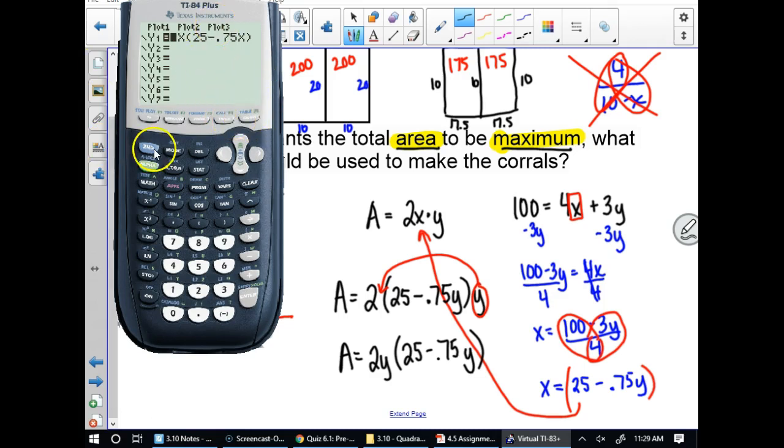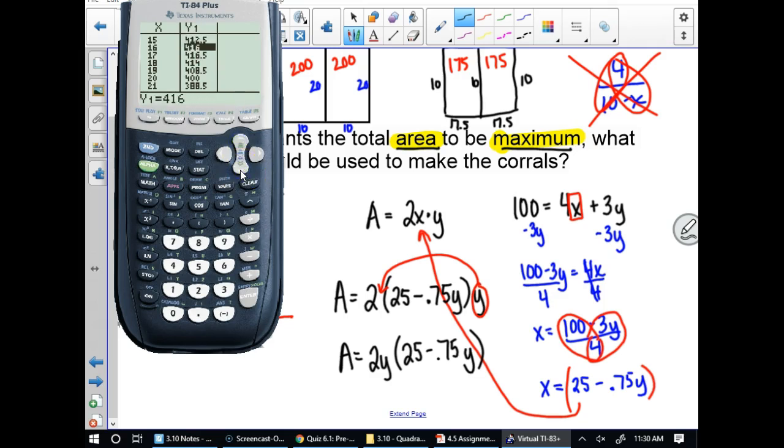Alright, so let's go to the table. That'll help us find some values maybe. So I'm looking for maximum area. The area is what is in for the y, right? So if I look, this is my area over here. I'm looking for it to go up and then back down at some point, and right there it was.